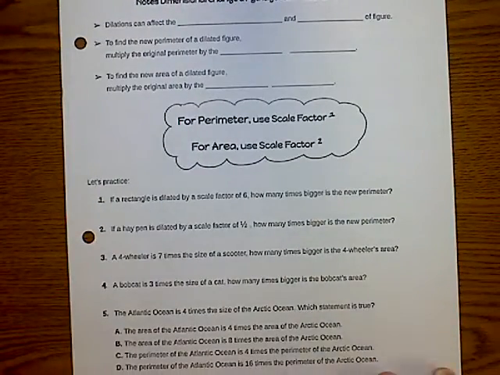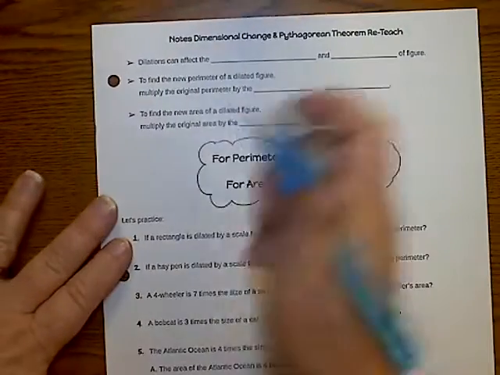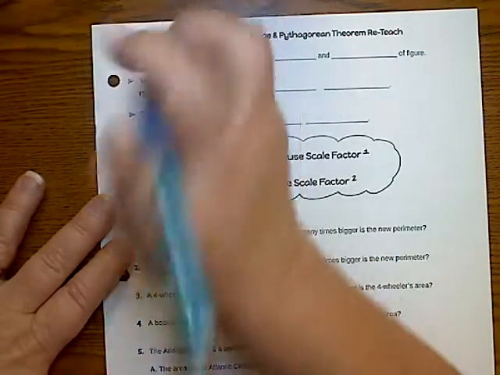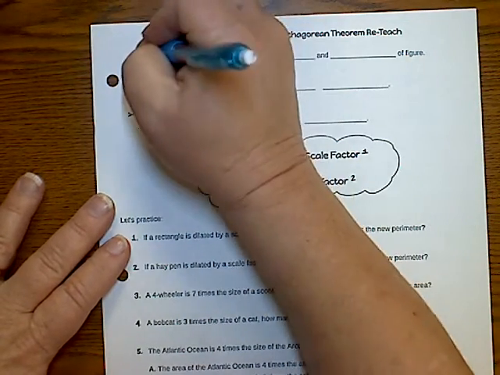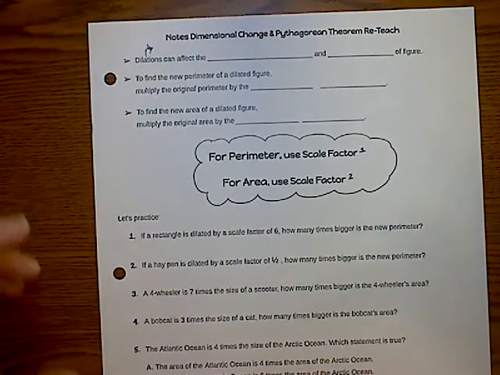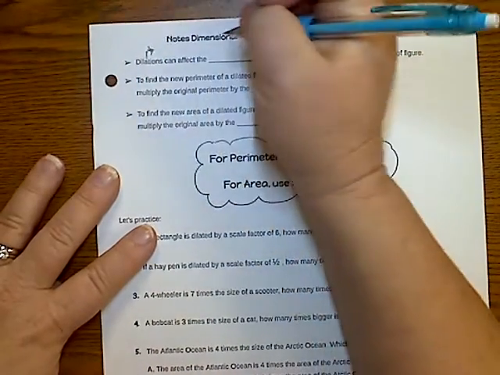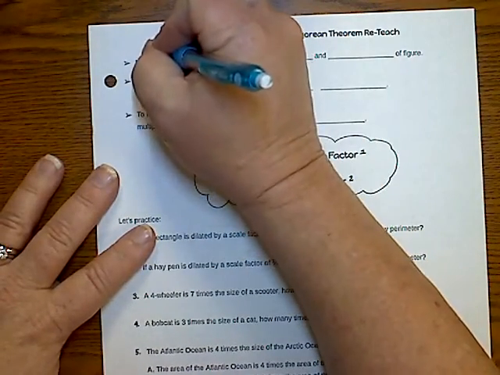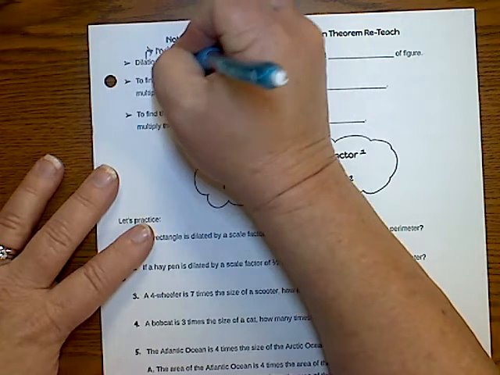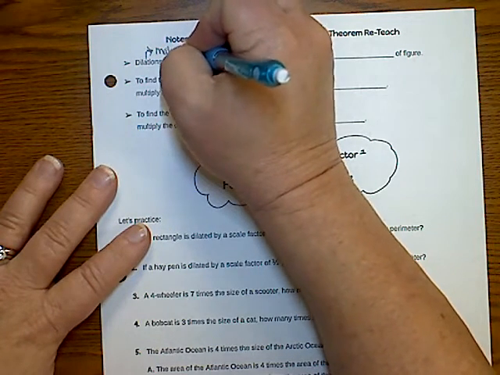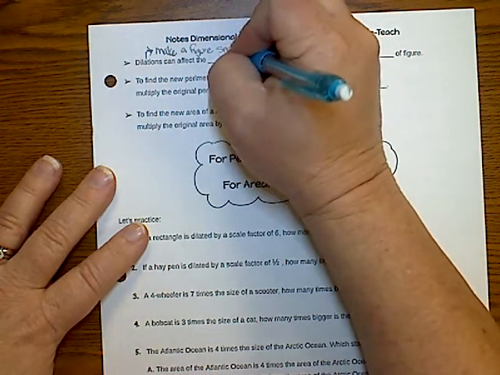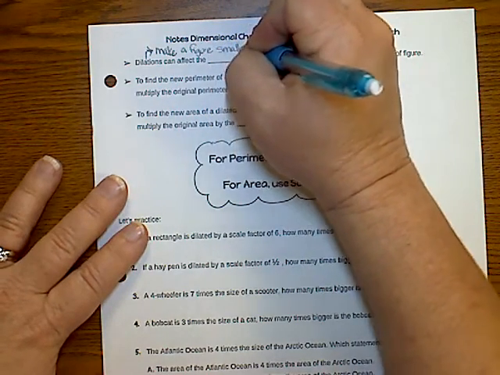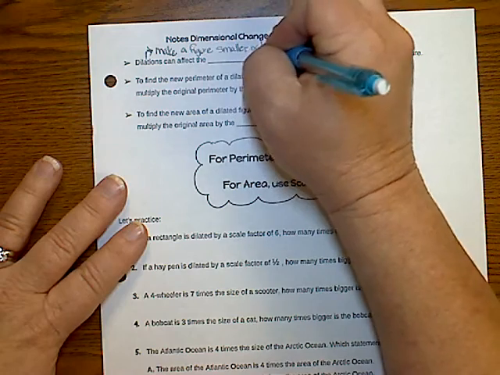Says dilations. By the way, let's talk about what dilations do again. Dilations, it is always multiplying. You are multiplying by a scale factor. And so dilations make a figure smaller or larger.